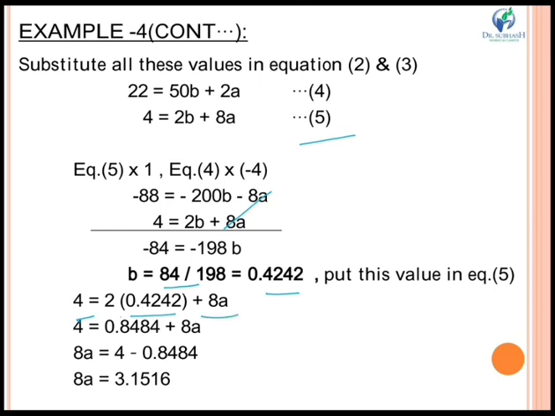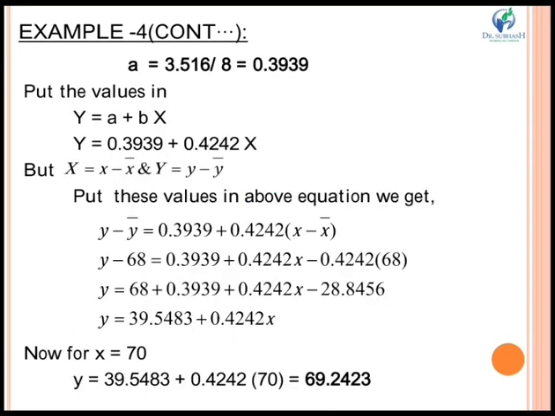On multiplying this, I get 0.8484. Taking this to the other side, I get 8a equal to 3.1516. So a will be equal to 0.3939.